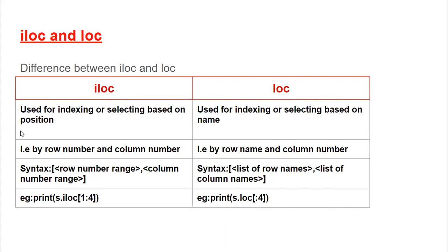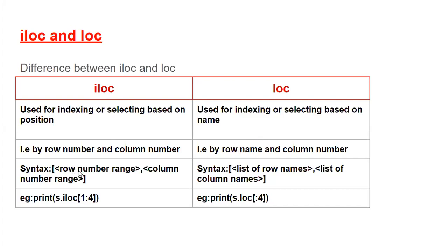iloc is used for indexing or selecting based on position, and loc is based on the name. And this is by row number or column number you will specify. Here, instead of the row number and column number, you can use the row name and column name.